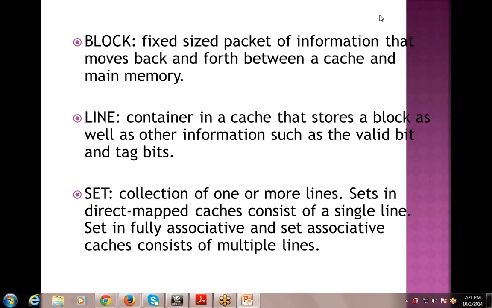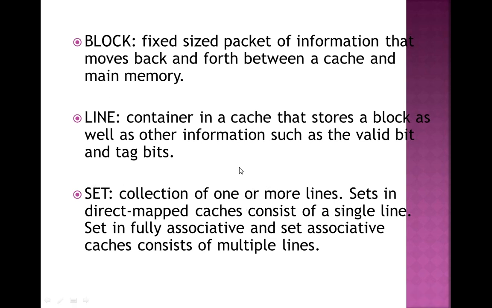These are the terms used in cache memory: block, set and line. A block is a fixed-size packet of information that moves back and forth between the cache and the main memory. A line is a container in a cache that stores a block as well as other information. A set is a collection of one or more lines.